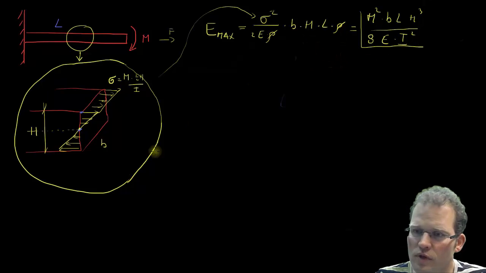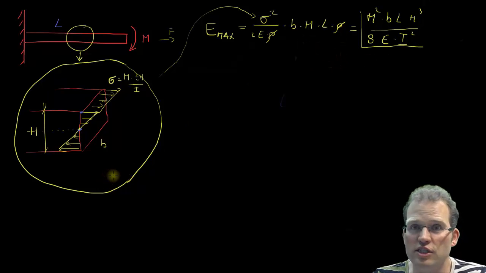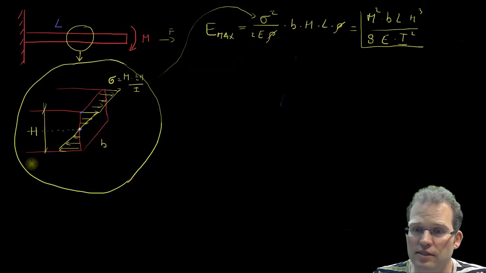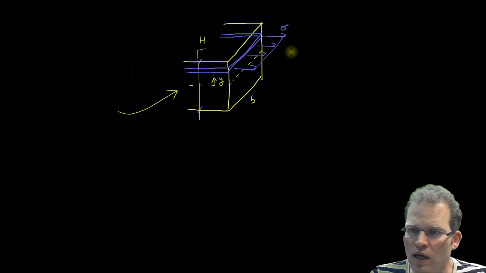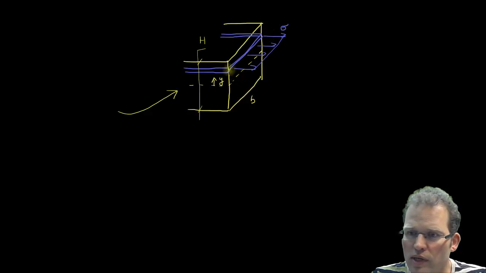Okay. But now, how much energy do we store when we bend it? Now, let me show you this. If we have the bar and we know that the stresses grow bigger when y is bigger, y is 0 at the neutral plane.